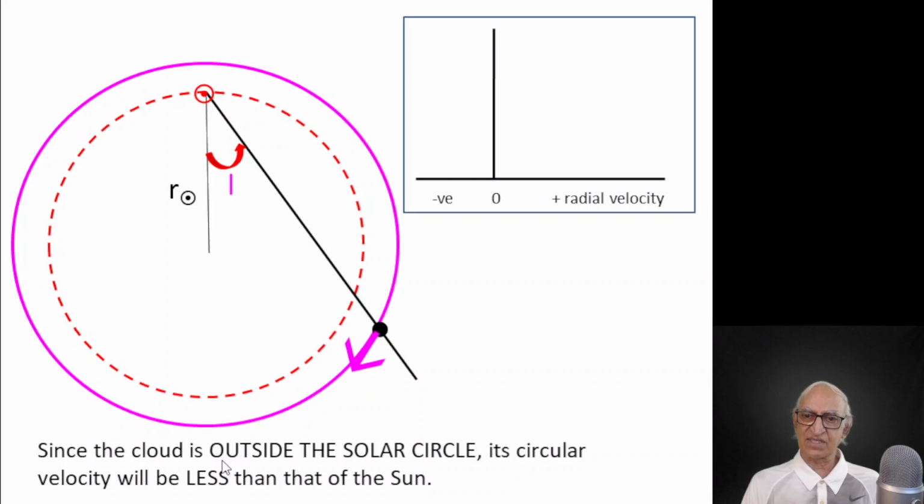Therefore, since the cloud here is outside the solar circle, its circular velocity will be less than that of the sun, and therefore it will have a negative velocity. Therefore, if I look, I'm still looking in the same longitude L, but I'm now looking at a cloud which is at a larger distance from the center of the galaxy than the sun. It will have a negative radial velocity with respect to us.